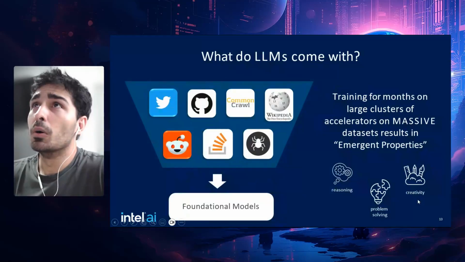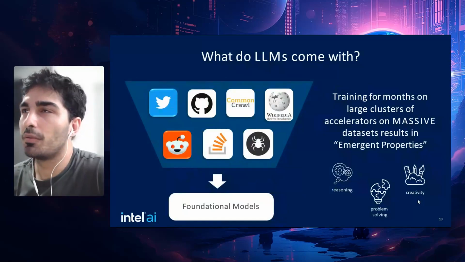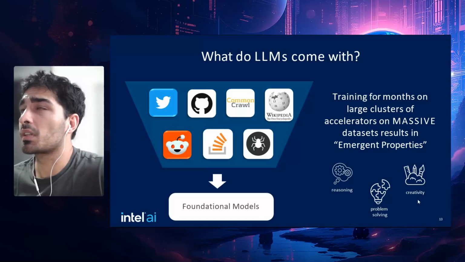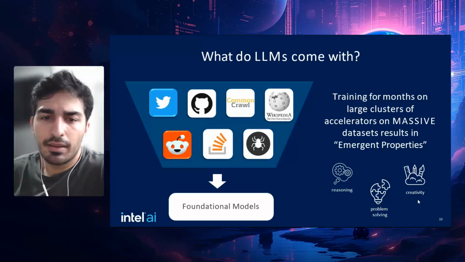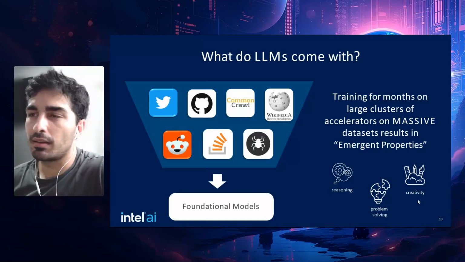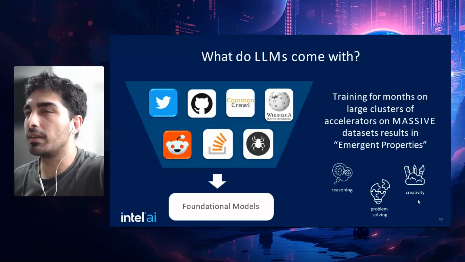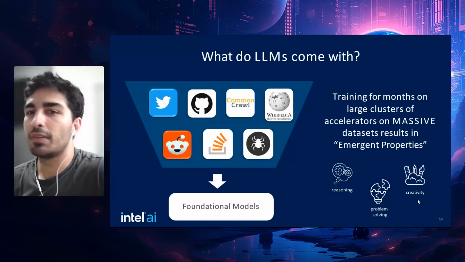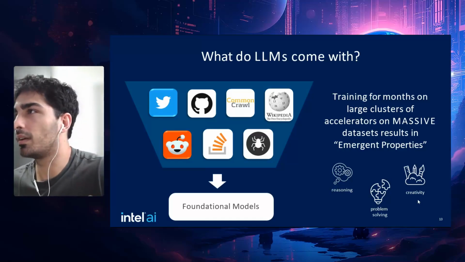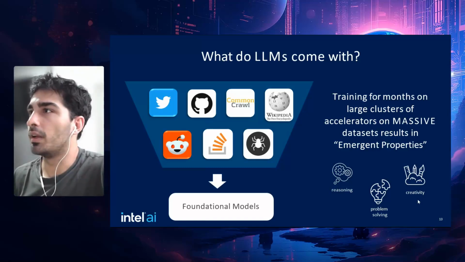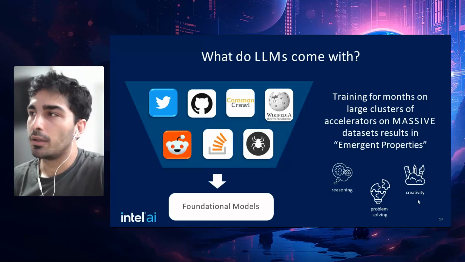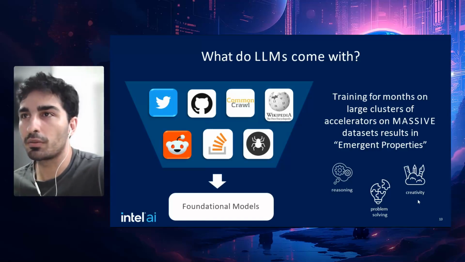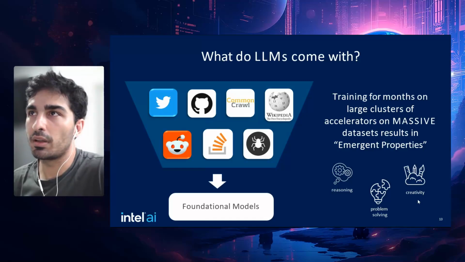Yeah. So just to finish this first basic idea of the LLMs, what does the LLMs come with? Basically, the game here is about data. Training those LLMs are basically large clusters of accelerators using massive data sets, and those result in emergent properties that we see here as the reasoning, problem solving, and also a lot of creativity features from the LLMs.